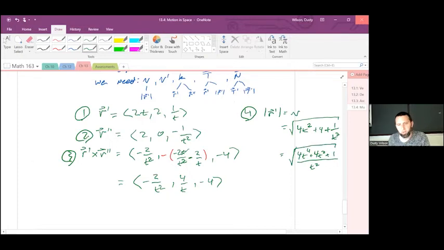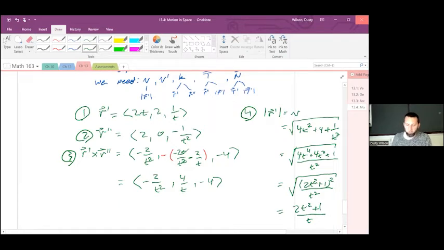That numerator looks like a perfect square, 2t squared plus 1. So this will be the square root of 2t squared plus 1 squared divided by t squared. Or this is just 2t squared plus 1 over t.